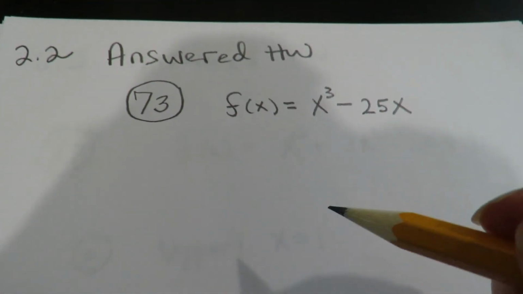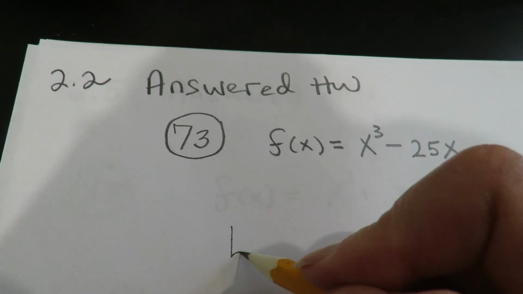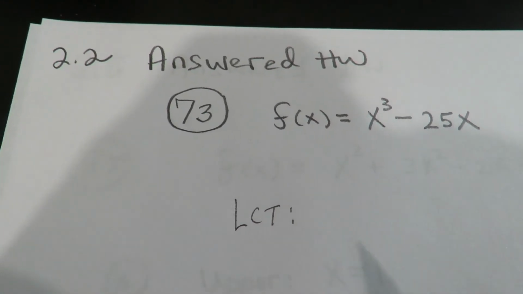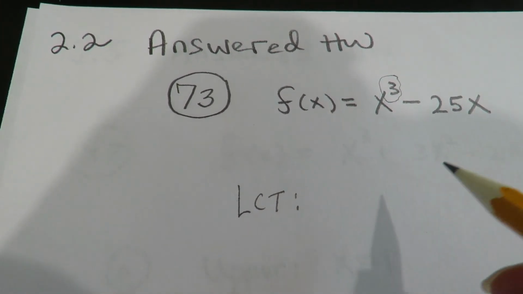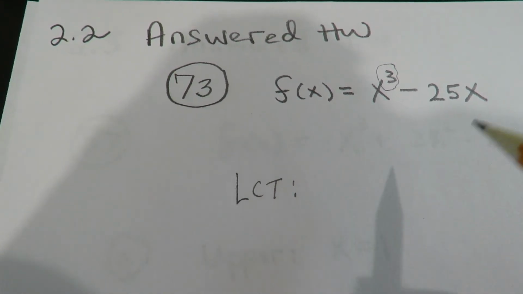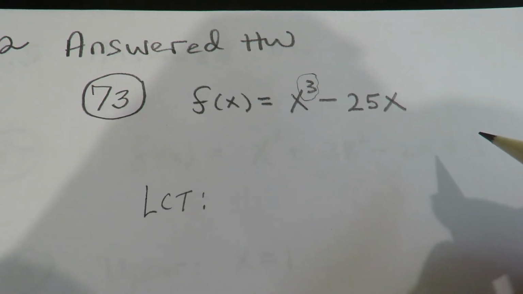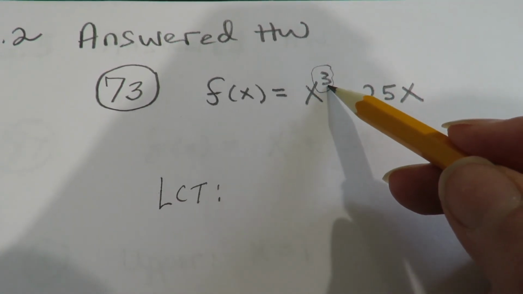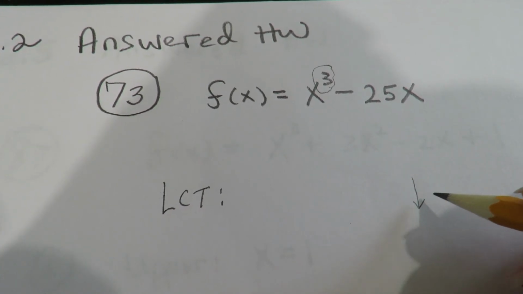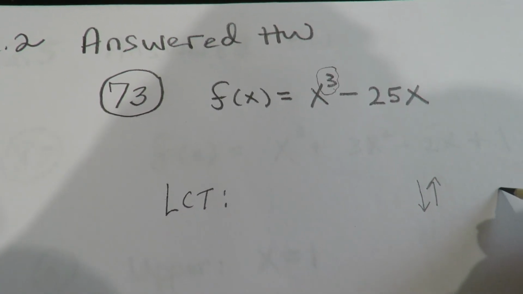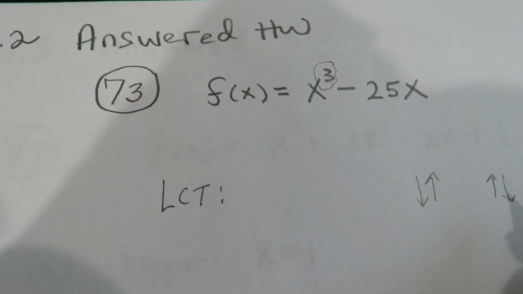The first thing you want to do is the leading coefficient test. The degree of the polynomial is 3, so that's odd. Remember, if the degree of the polynomial is odd, the ends of the graph go down-up or up-down. They go in opposite directions.